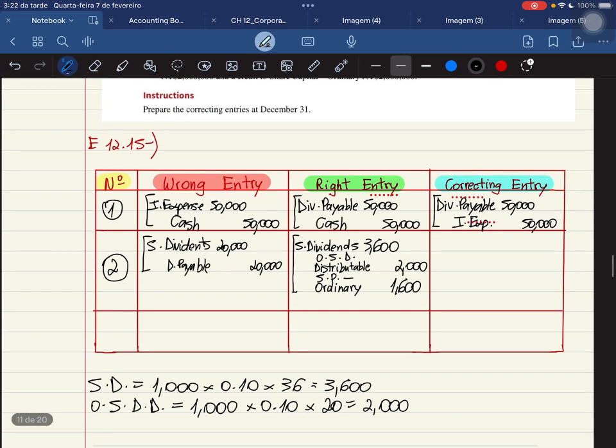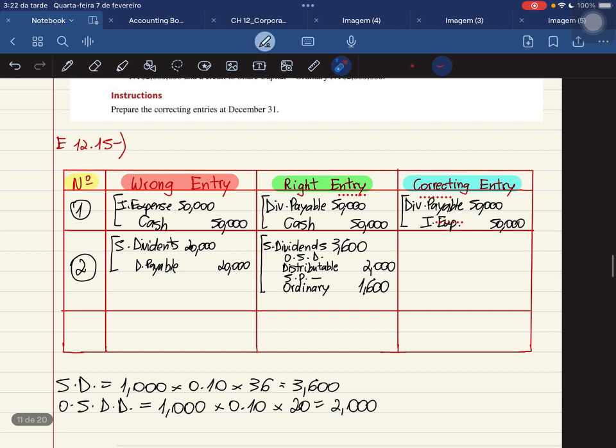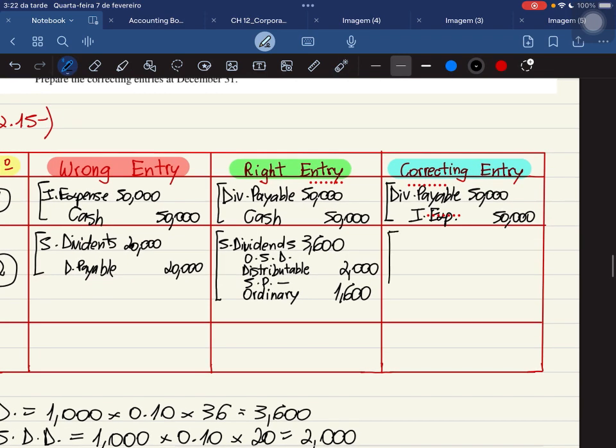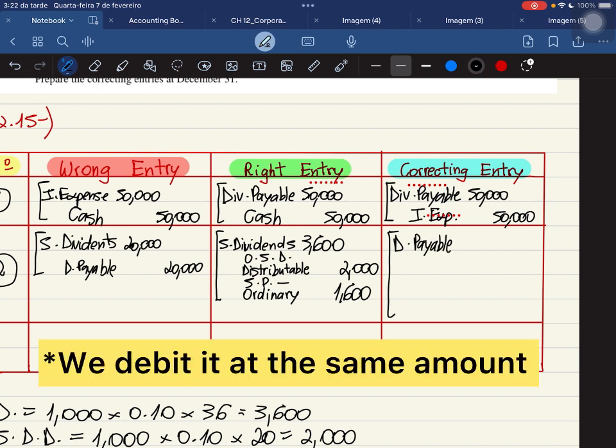Okay, so we know that this is the right entry and this is the wrong entry that we did. So first things first, we don't have any kind of dividends payable, right? So since they were credited, let's debit it first in order to cancel it. So dividends payable, we debit at the same amount, 20,000.